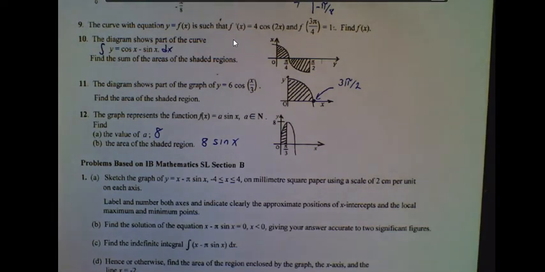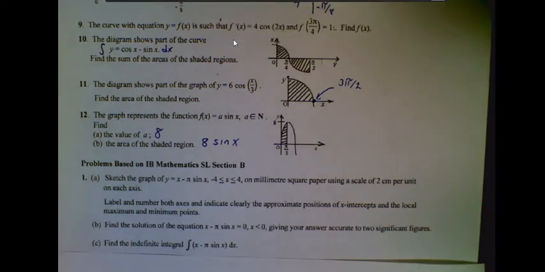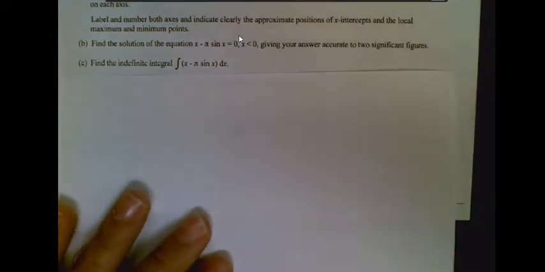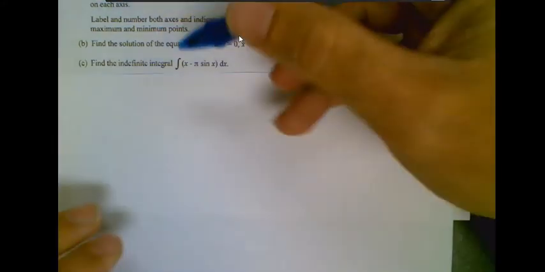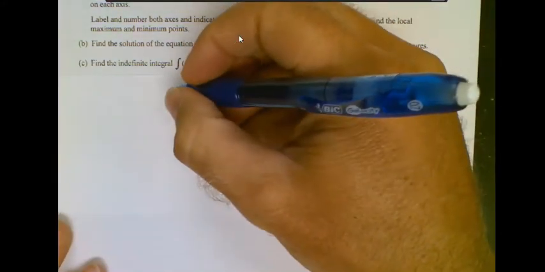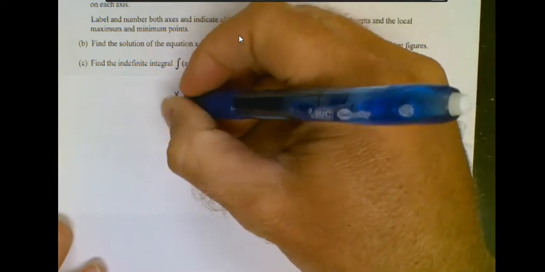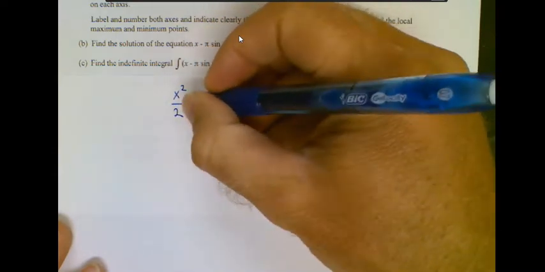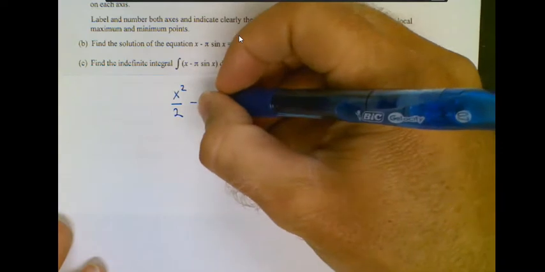Now we're getting into the integrating part of this. Let me slide down a little bit. So just want the indefinite integral for this guy. So whenever you've got the minus sign right there, we just split up the 2 terms. So if I were to integrate just the x, that would become x squared over 2. And then the pi can stay.